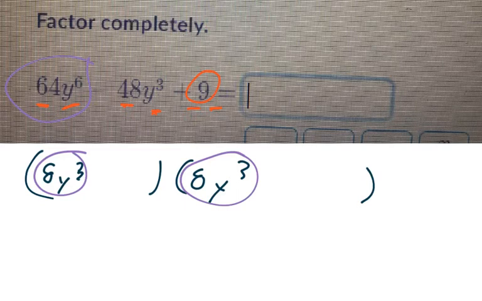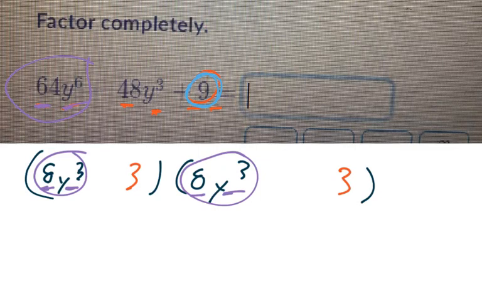8 times 8 is 64. y to the 3 times y to the 3 is y to the 6, right? Now, do you guys agree the 9 is simply 3 times 3? And if this doesn't work, guys, we would then do 9 times 1 instead of 3 times 3, okay?